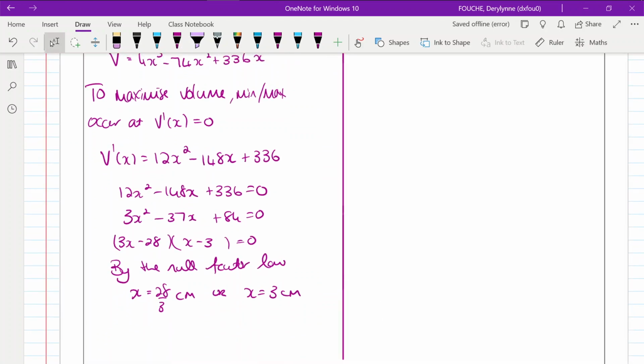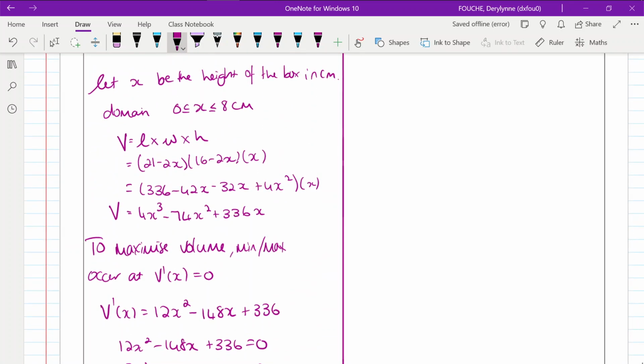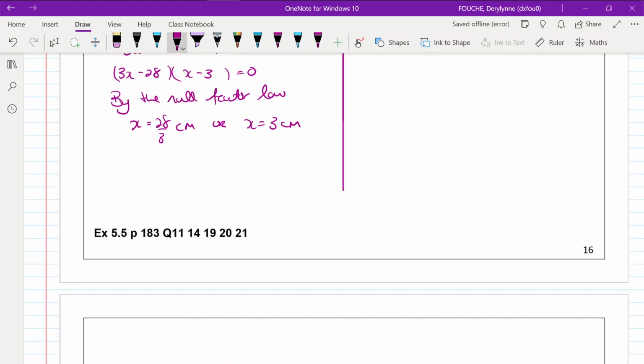Now, we need to look at these two answers and decide whether they are both valid. If they are both valid, we then need to confirm which one is the maximum and which is the minimum. So 28 on 3 works out to 9 1/3, and that's outside of our domain, so we can just discard that.